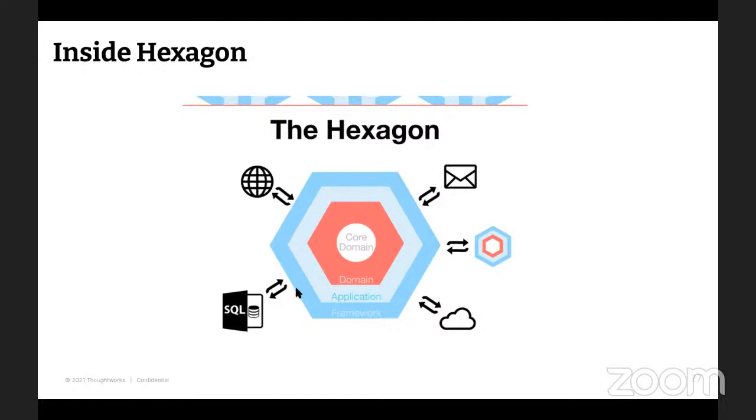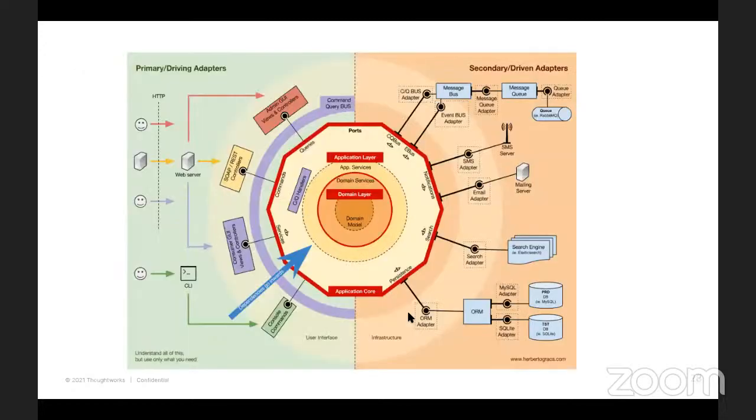Here you can follow DDD, right? So this is what we discussed before as well. The core domain sits in between and is surrounded by the domain service, right? Which is again wrapped by the application service, the outer blue one, which is once again wrapped by frameworks.